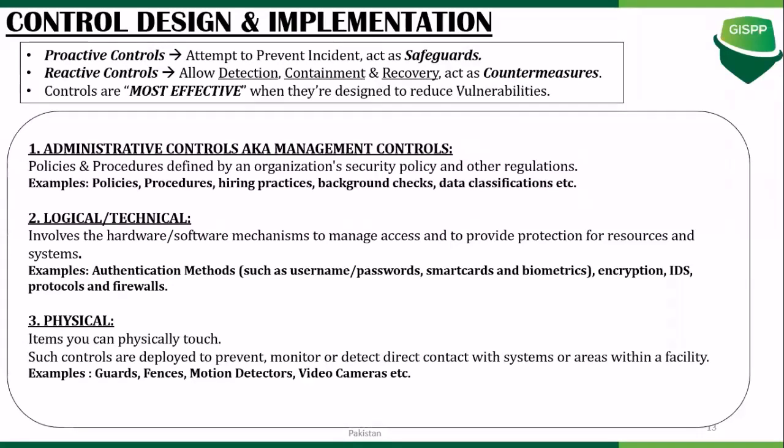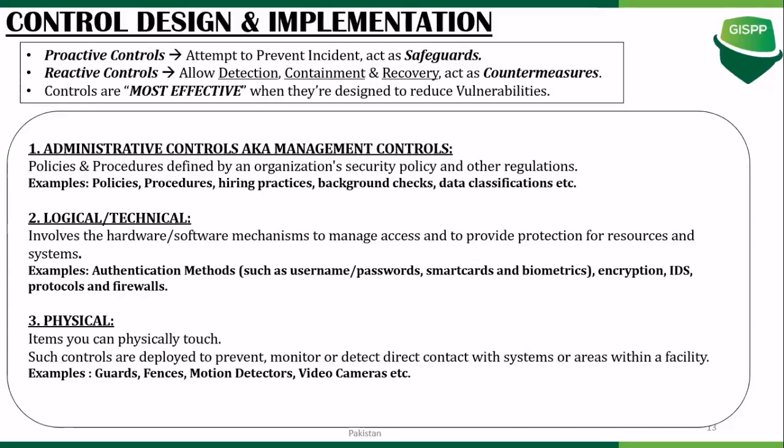So usually it is easier to define physical controls as those items that you can physically touch, but they do not mean firewalls or the IDS or any technical solutions. These are largely the technical controls, not the physical controls.